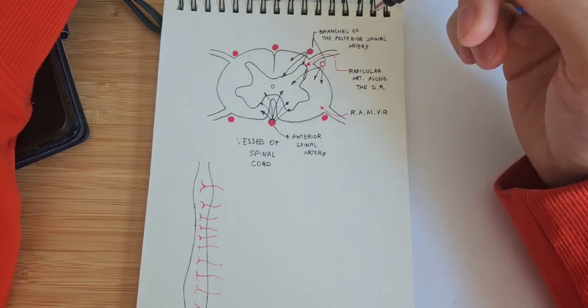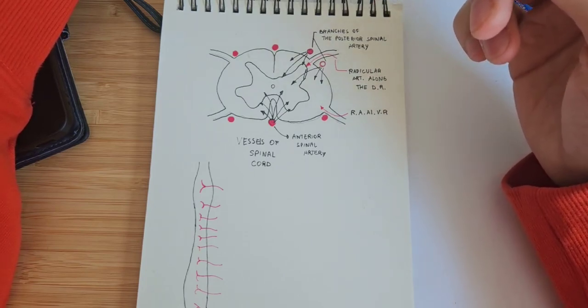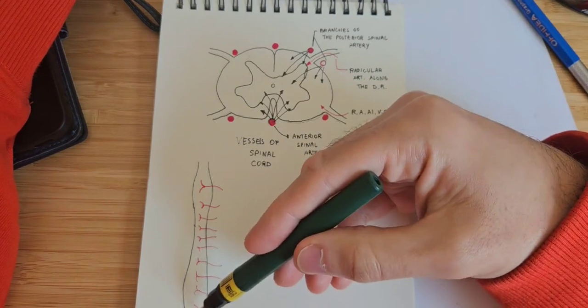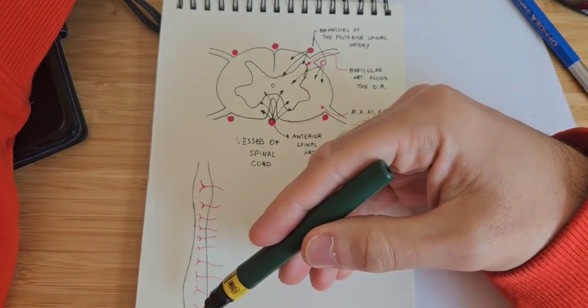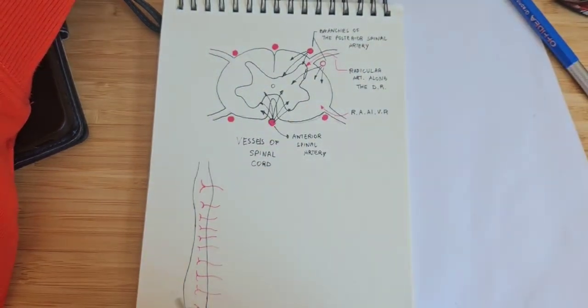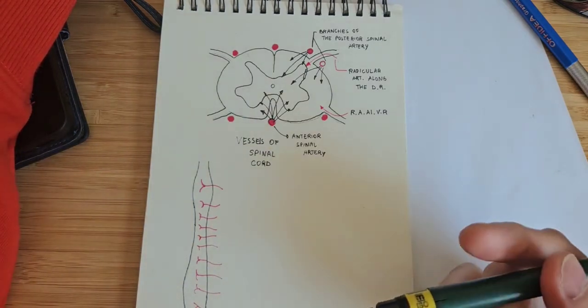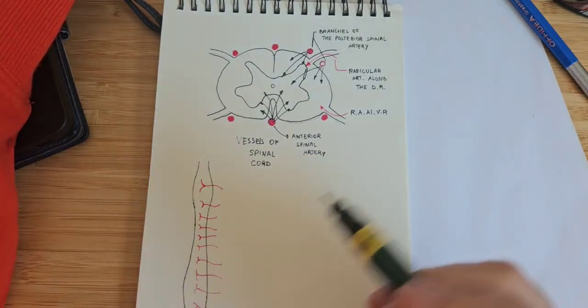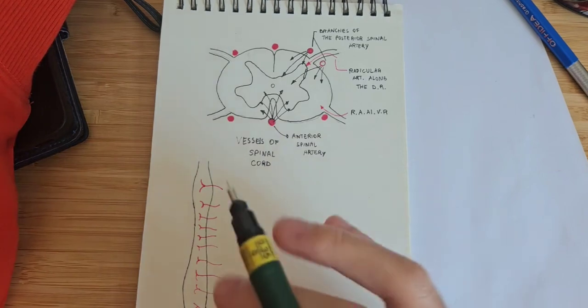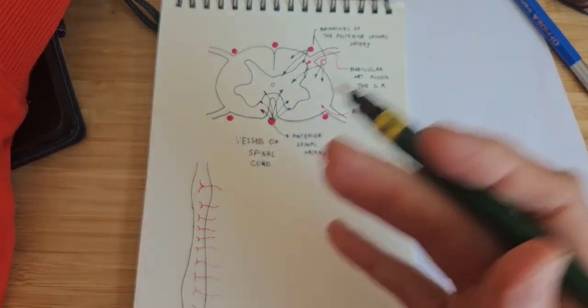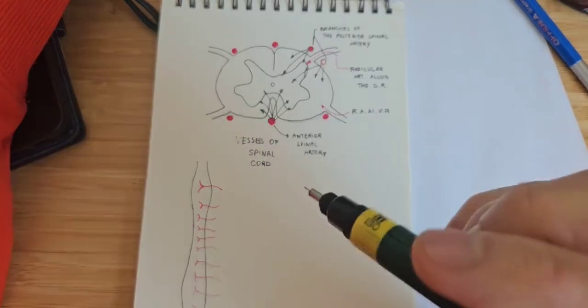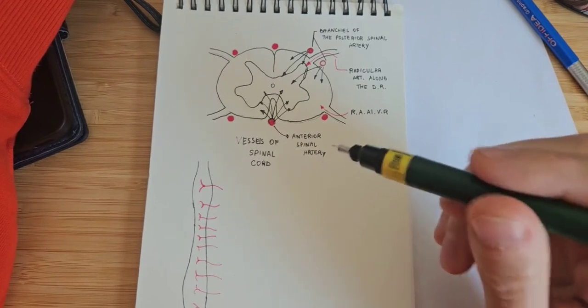Now, the location of the artery of Adamkiewicz can vary among individuals, ranging from T8 to L4, and this variability makes preoperative identification challenging, but it's crucial.